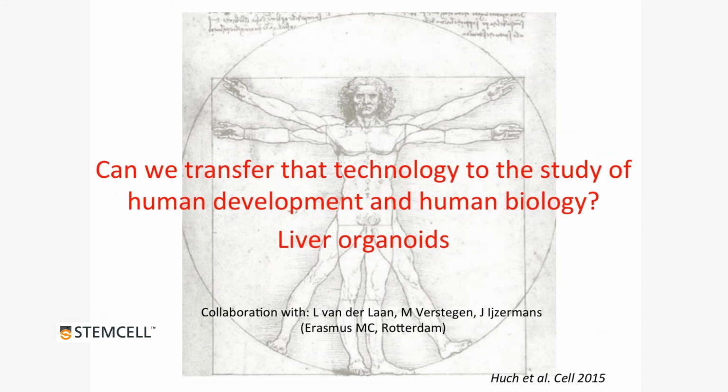And for that, I have to thank strongly Luc Vandelaan and Monique Verstegen at Erasmus Rotterdam, because thanks to them, we got enough human liver biopsies to be able to perform the following experiments.